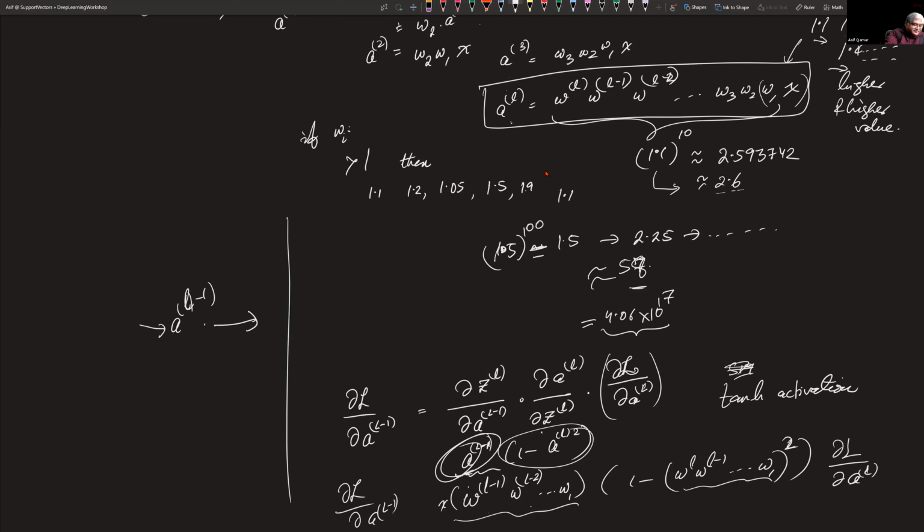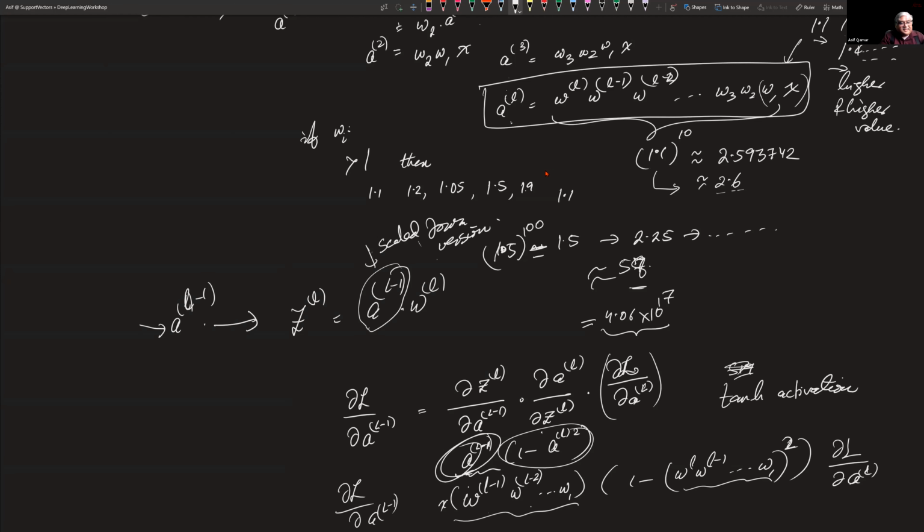In other words, the next layer output, ZL, we wrote it as AL-1 times the weight of the last layer, right? But suppose it is not this. Suppose it is a scaled down version. You significantly scale it down. Then the next layer activations don't blow up.